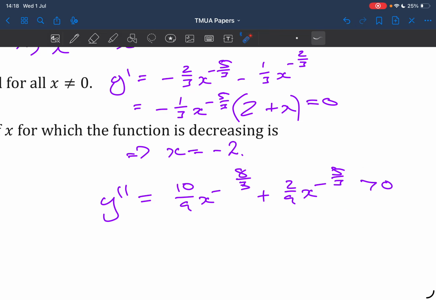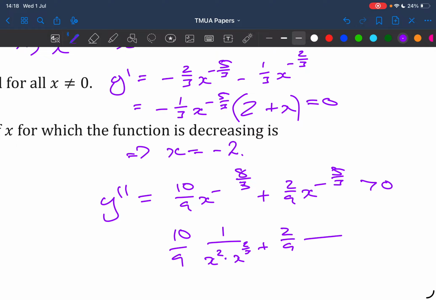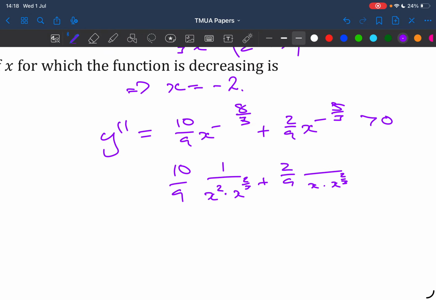The whole thing is going to be positive. I think we could go through and work it out. So this is the same as 10 on 9, it's going to be 1 over x squared times x to the 2 on 3, plus a very similar thing, but instead of the x squared, it's just an x. So if we plug in minus 2, what do we end up with?